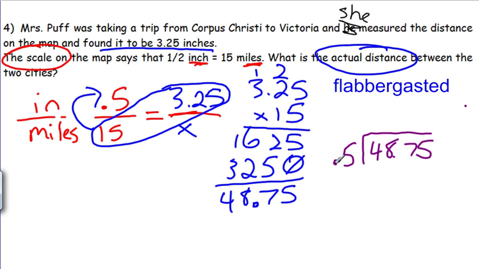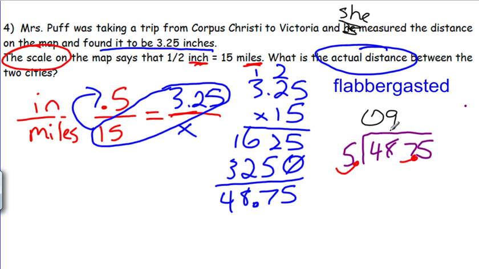Okay, so 5 goes into 4. 5 can't go into 4, so go to 0. It goes into 48 9 times. 9 times 5 is 45. 3 left over.